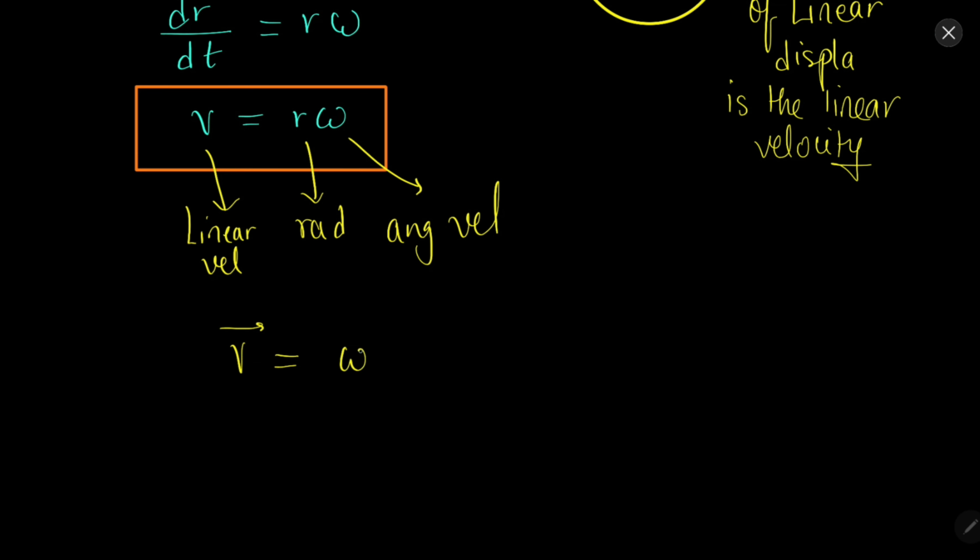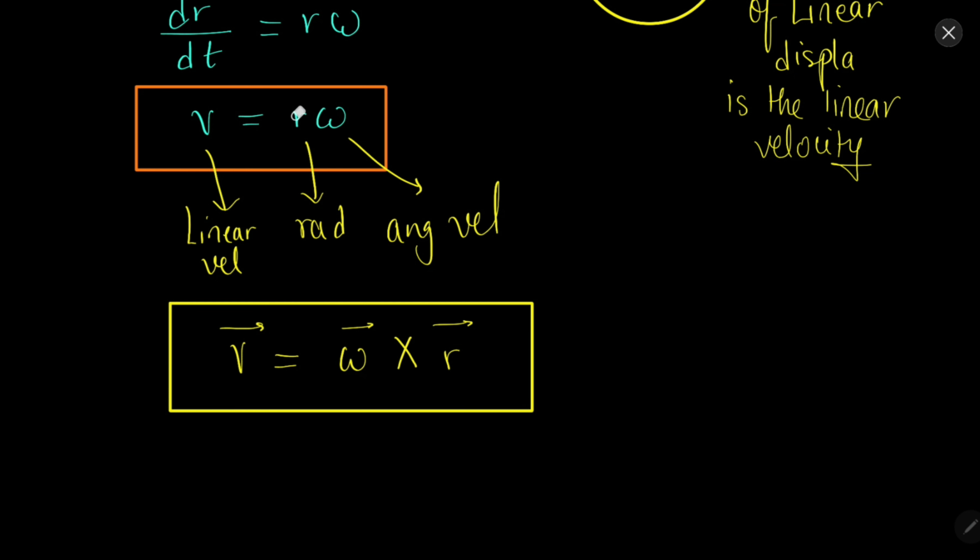So this is very important. Let me write this in that order as well. Omega, r, angular velocity and radius. So the vector notation is v equal to omega cross r.